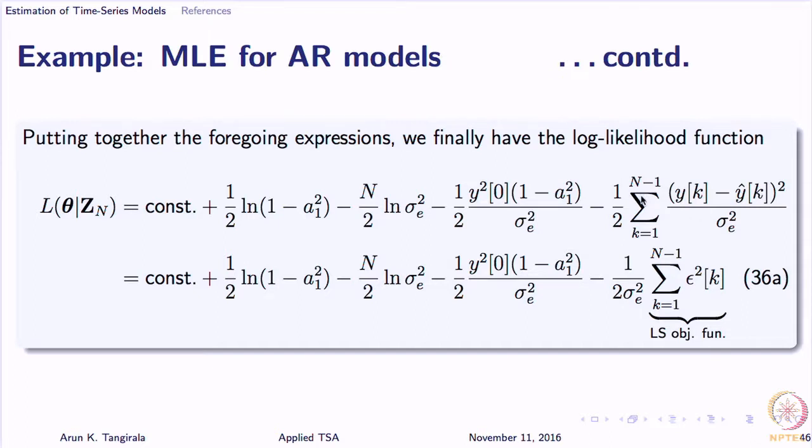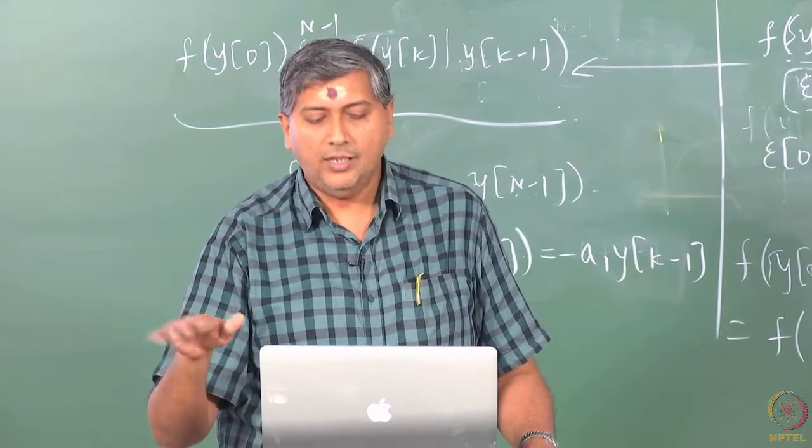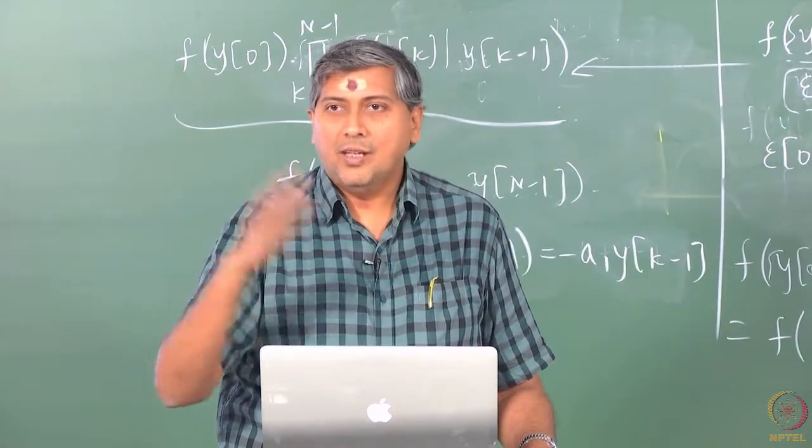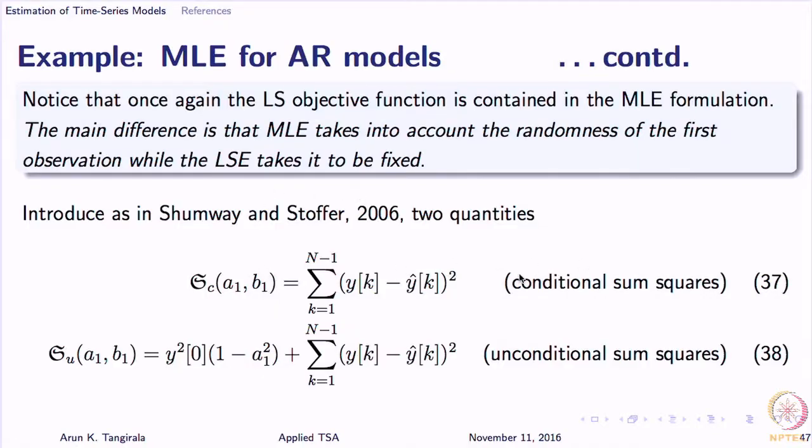Then you have unconditional least squares, where I am not conditioning on any pre-observation y0, and then you have the full MLE. So, you have 3 flavors. Those are your objective functions, the conditional sum squares and unconditional sum squares.